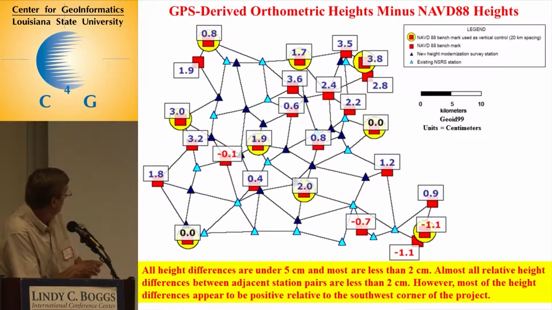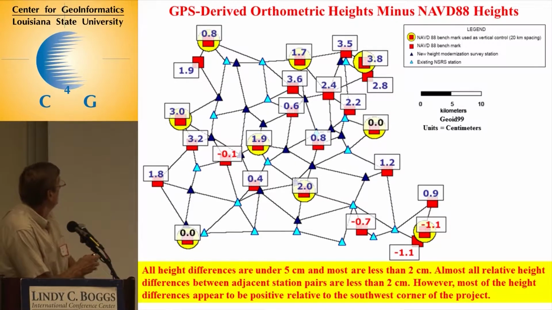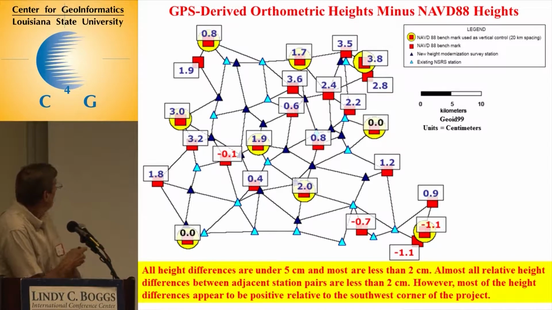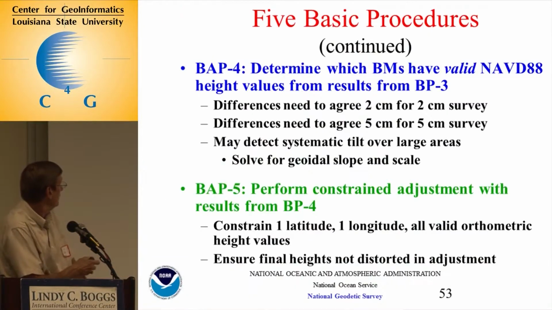Most of these relative differences between them are less than 2 centimeters. Even up in here, the relative difference is less than 2 centimeters. This is 3, though. This is a little less than 2. So you definitely can look immediately at these, although there still does seem to be some kind of small systematic difference between the two, and I'll show you that in the middle.